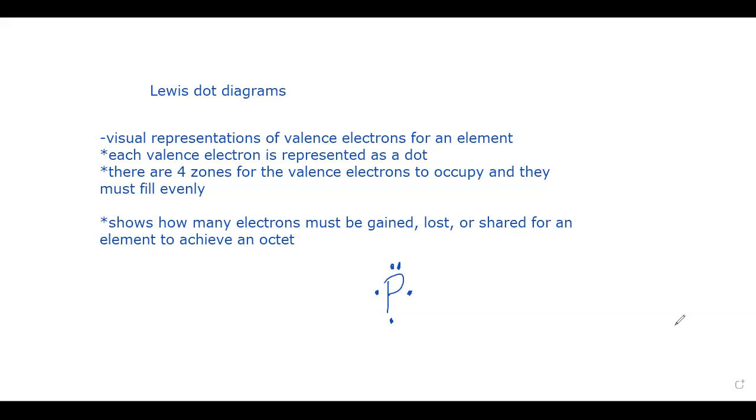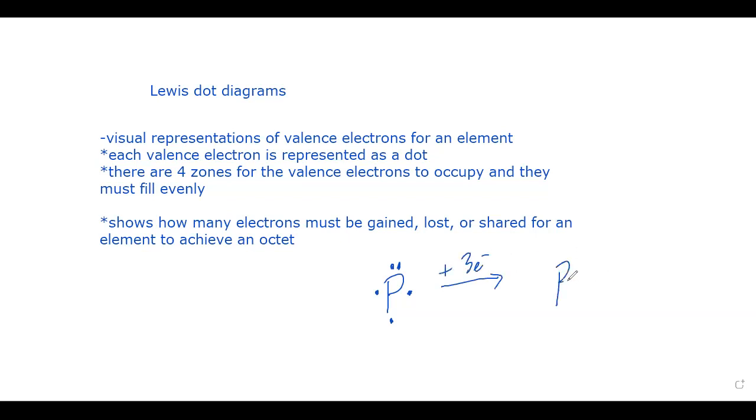Again, this is just a visual tool to help us get an idea of what is going to happen to this element. And so from that standpoint, if we're looking at this ionically, we could gain 3 electrons.